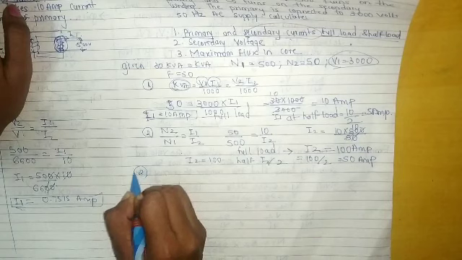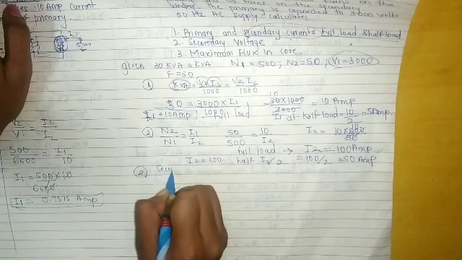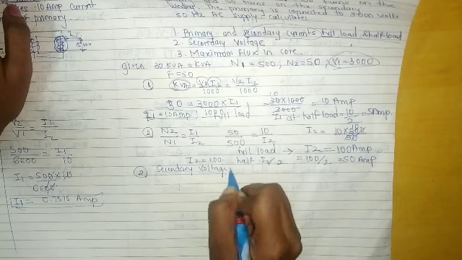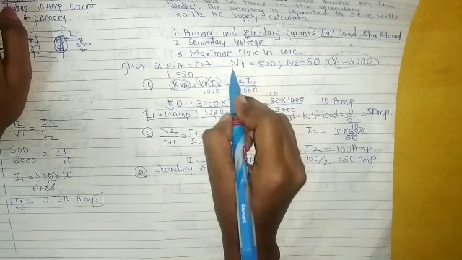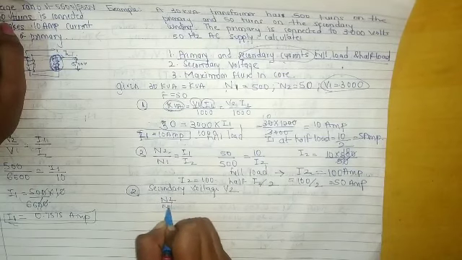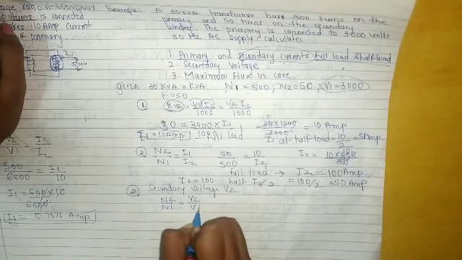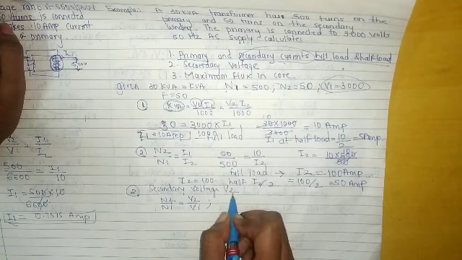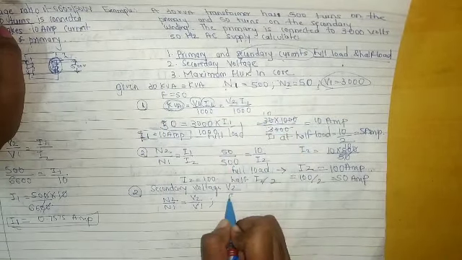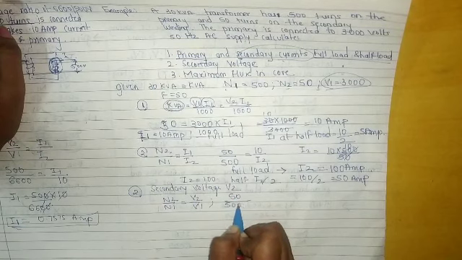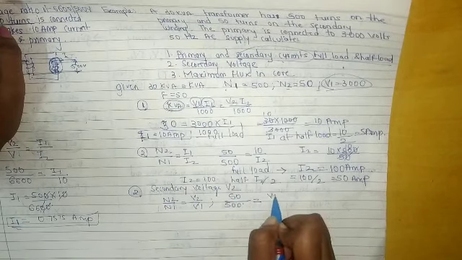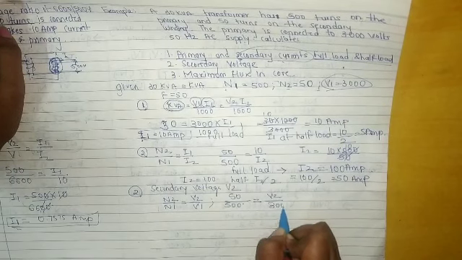Now they have asked us to find the secondary voltage, that is V2. We know N1, we know N2, we also know V1. So N2 divided by N1 is equal to V2 divided by V1. N2 is 50, so 50 divided by 500 is equal to V2, which we have to calculate, divided by V1, that is 3000.